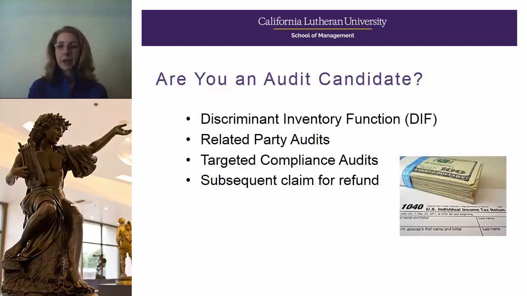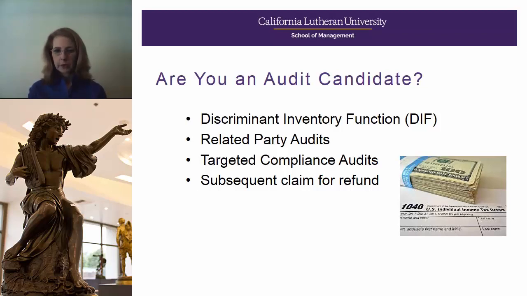Next, we're going to talk about IRS audits, something that clients are always anxious about. How do you know if you're an audit candidate? Well, there are a few ways that the IRS will pick out taxpayers for audit. The first is the discriminant inventory function, or the DIF.